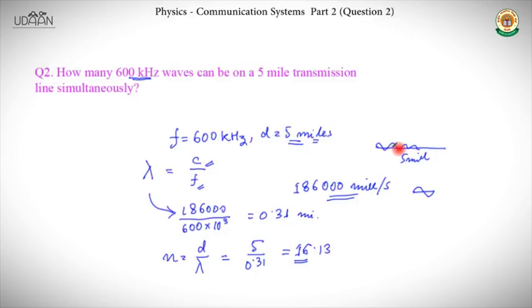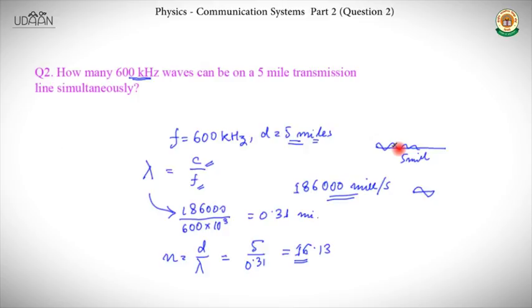We were given a frequency and asked how many of those waves can be on a transmission line of a given length. So we calculated lambda. We know the speed of electromagnetic radiation or light to be 3 into 10 raised to 8 meter per second, and it's very useful to remember that 186,000 miles per second can also be used to represent the speed of light.